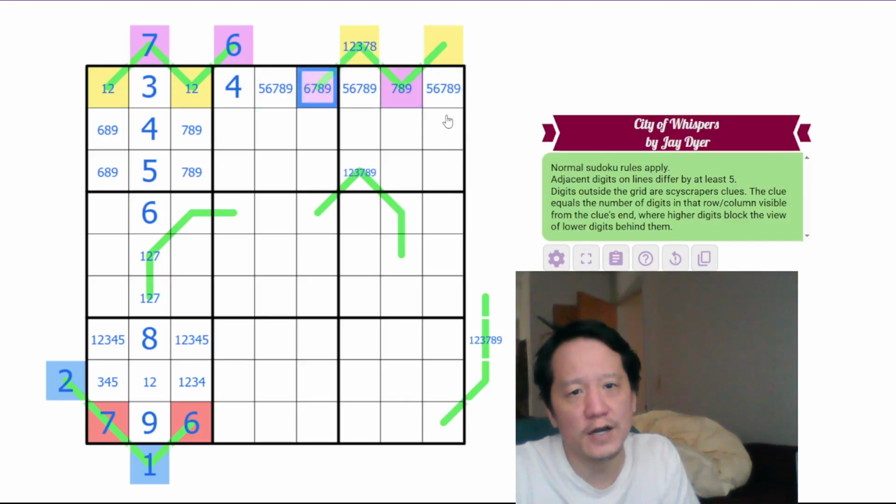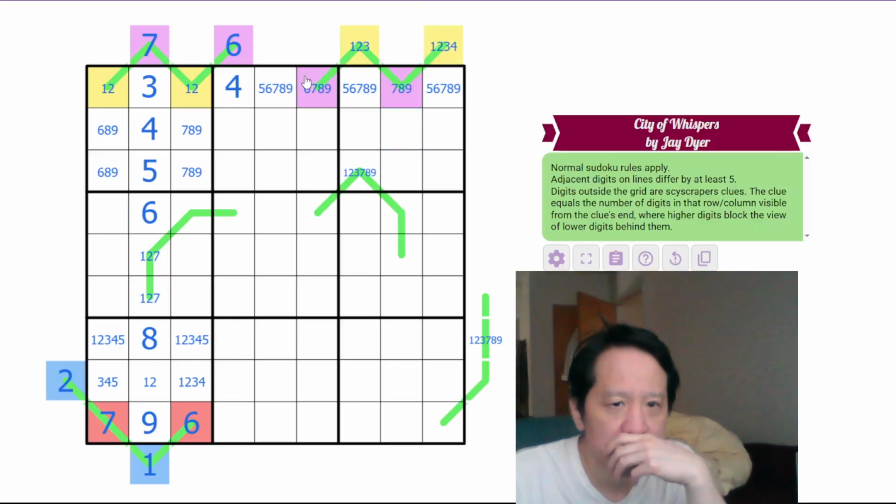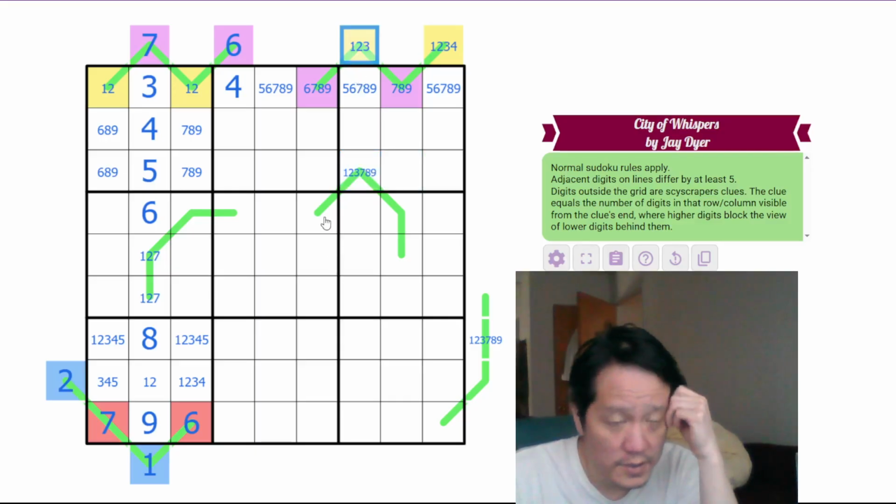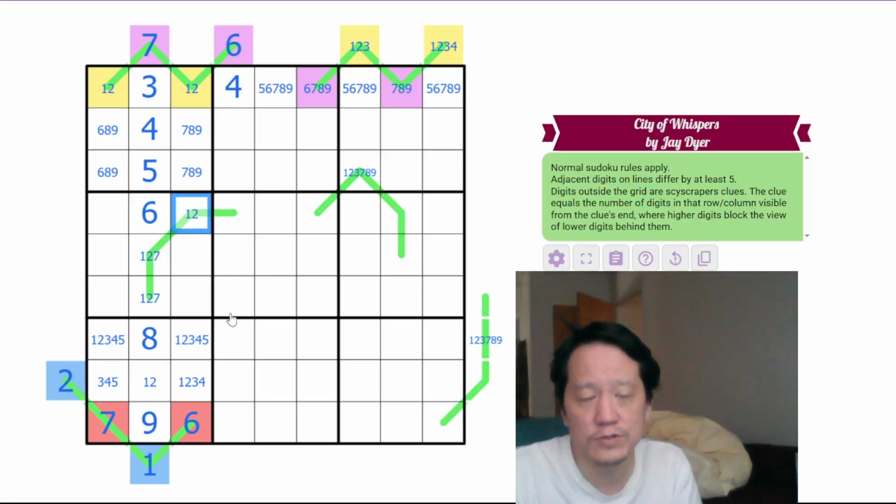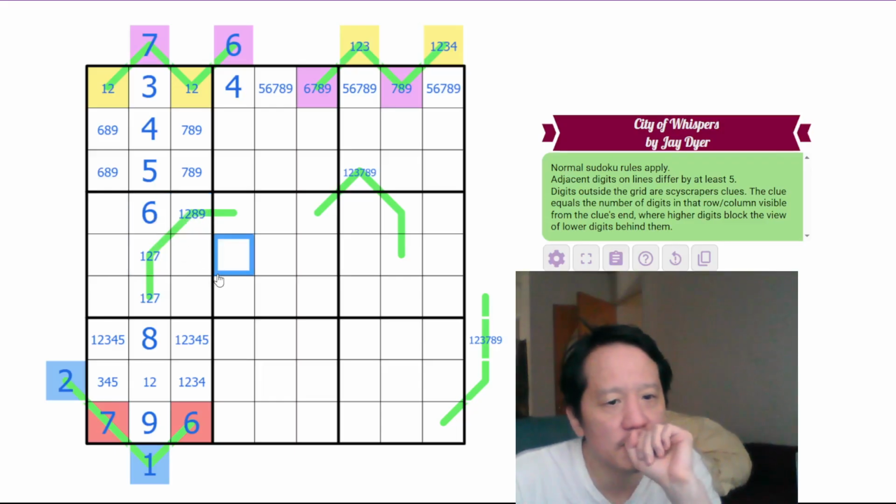These are both high, which makes this low. This sees 1, 2, or 3. So this is 7 with 1 or 2. If this is 7, this has to be 1 or 2. If it's 1 or 2, it can't be 6, can't be 7. This is 8 or 9.